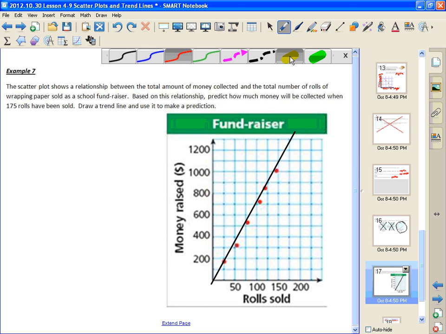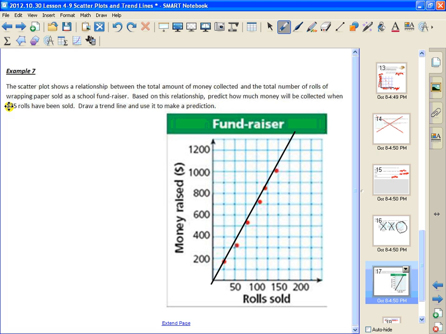And it says predict how much money you make if you sell 175 rolls. So here's 175, right? Everybody find 175 on your graph. Here's 175. So I'm looking right here, okay? Because that whole line represents 175.